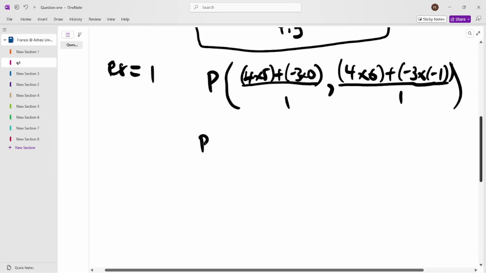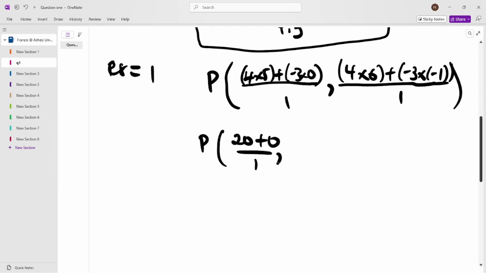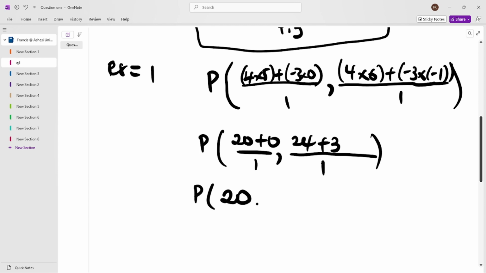And then 20 plus 0 over 1, comma, 24 plus 3, which is 20 over 1, comma, 27 over 1. Which is 20 and 27. Yes, 20 and 27.